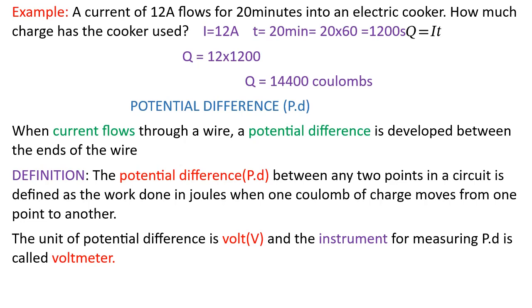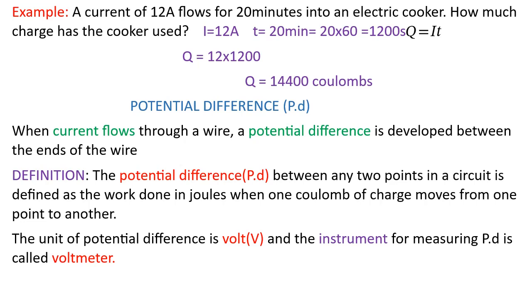Potential difference, that's PD, between any 2 points in a circuit is defined as the work done in joules when 1 coulomb of charge moves from one point to another.